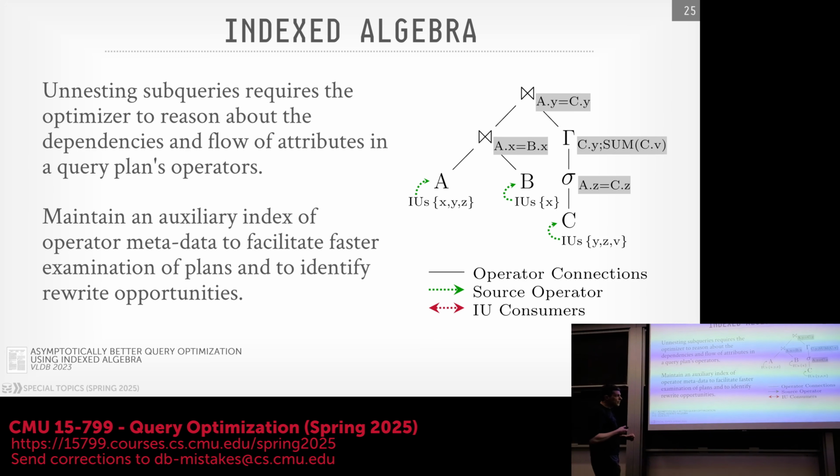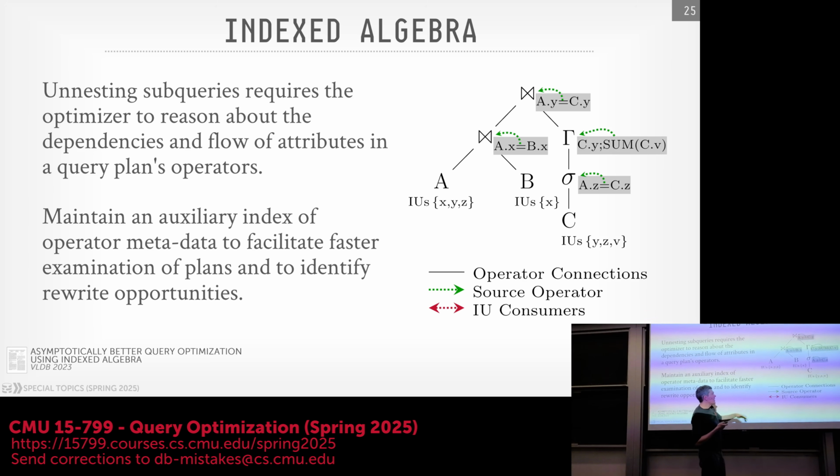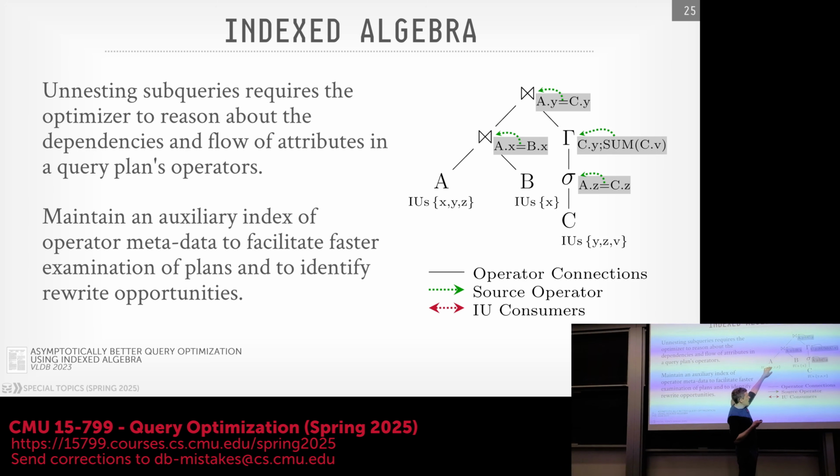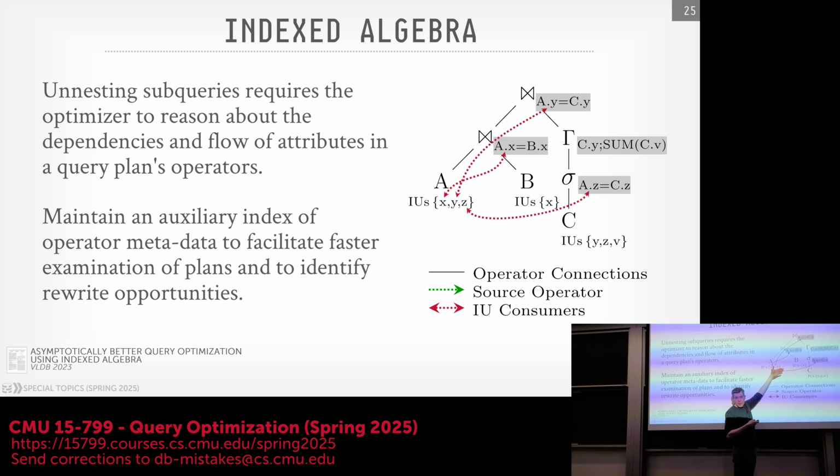Then they have this notion of consumers. You would have it for both the base tables and for the additional operators in the query plan. The IU consumers keep track of, for the IUs that an operator generates, which other operators in the query plan are actually going to use them.